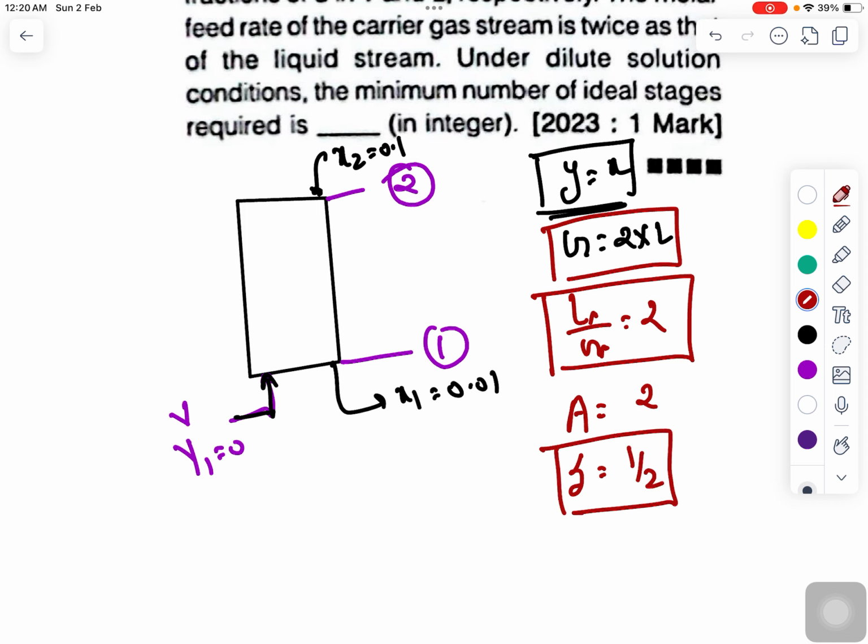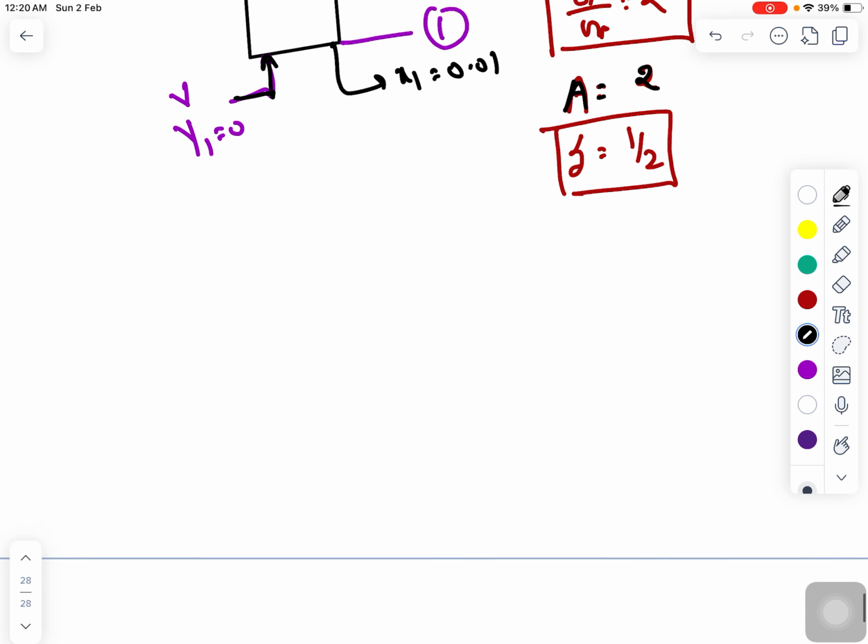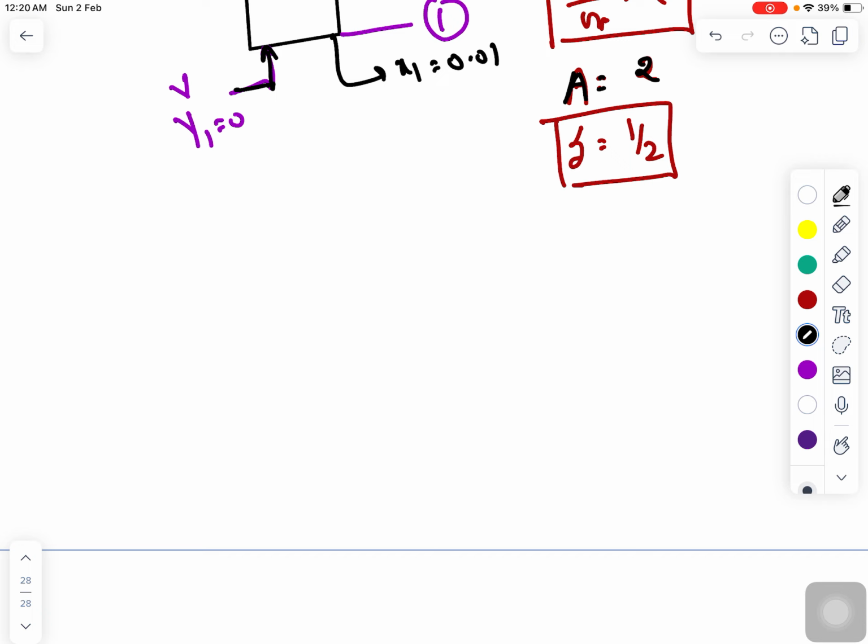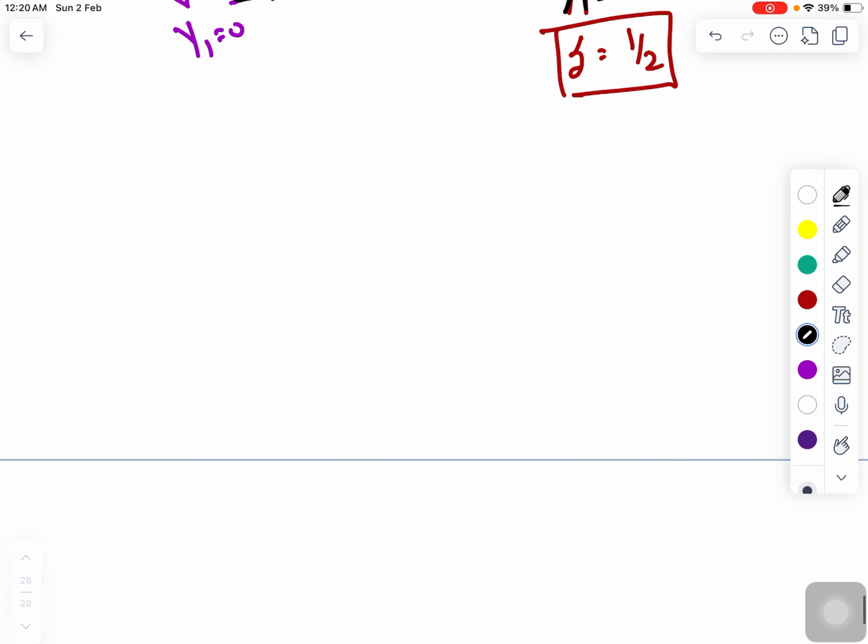Okay, so here you can see the absorption factor is not equal to 1. So this is a problem where you cannot use y1 minus y2 divided by y1 minus y1 star. In this particular problem you have to use the Kremser-Brown equation.